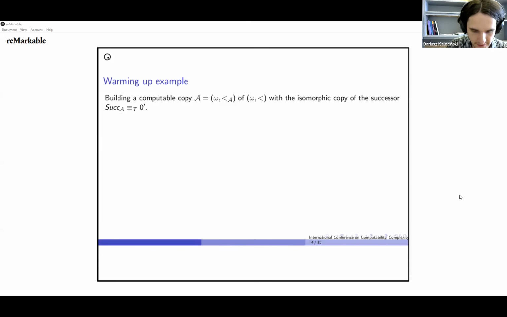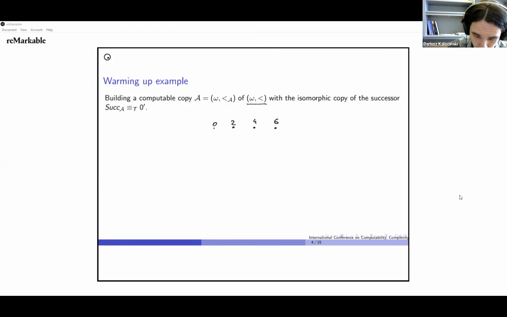We'll be looking at the structure, and the additional function will be the successor. And we can build a copy of natural numbers with standard order so that the image of the successor will be Turing equivalent to 0 prime.